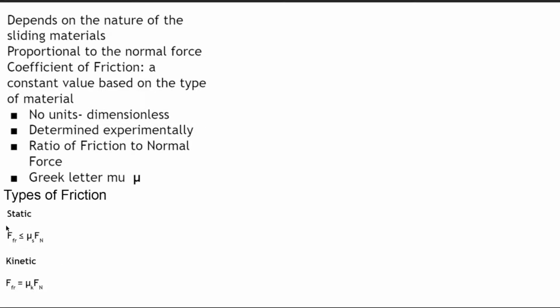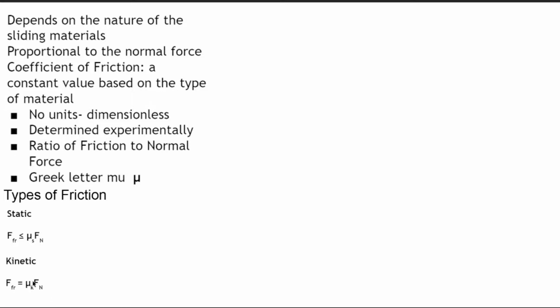The only way for this value to be true, because it has a less than or equal to sign, is if mu static times the normal force is greater than or equal to the force of friction. That means the object will be in constant motion or is starting to accelerate. That's kind of the idea.